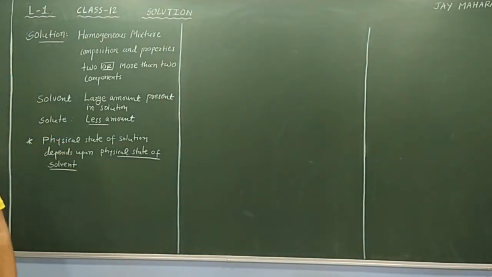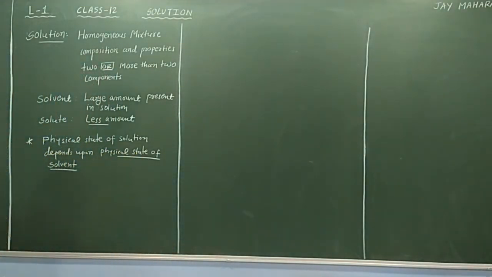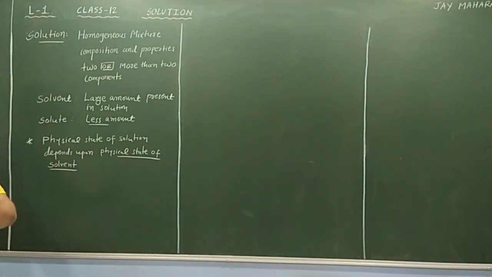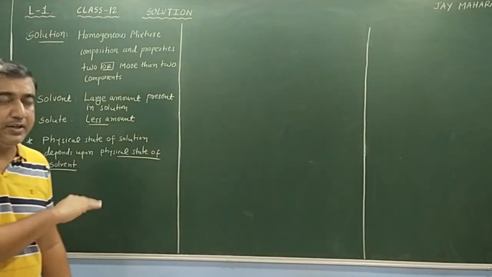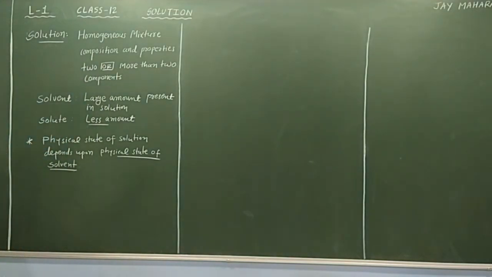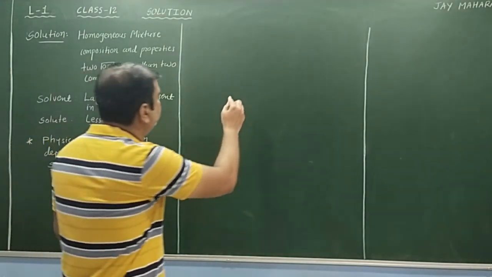Physical state means solutions are solid, liquid and gaseous. Suppose the solvent is in solid form, then the solution will also be in solid form. So based on the physical state of solvent and solute, we can classify solution into three categories: solid solution, liquid solution and gaseous solution. That means types of solution.